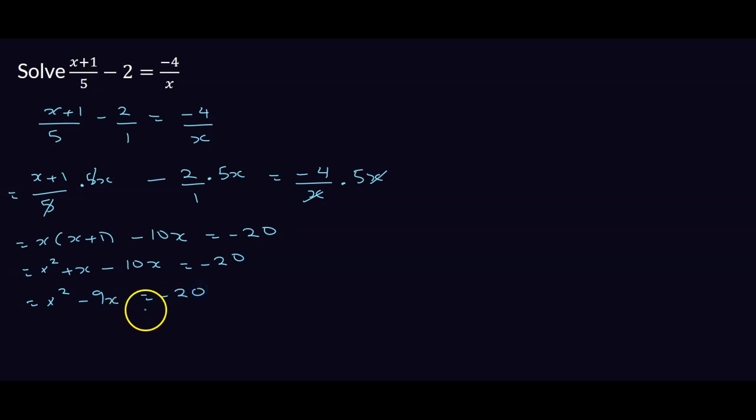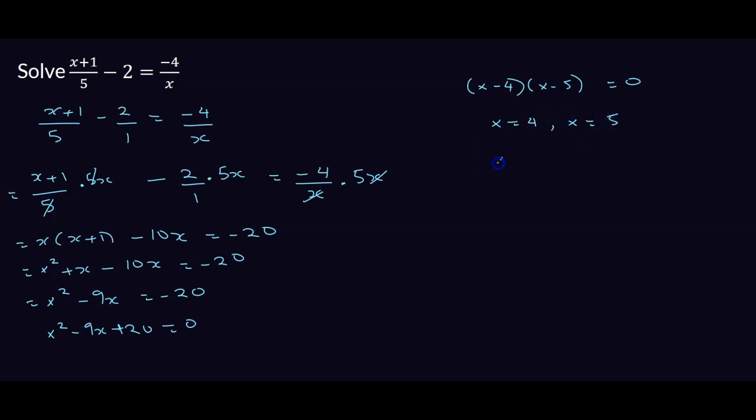So we're going to write this as a quadratic equation. So this is going to be x squared minus 9x plus 20 equal to 0. So let's factor that. You're going to have (x minus 4) and then (x minus 5) equal to 0. So x equal to 4 and then x equal to 5 as well.